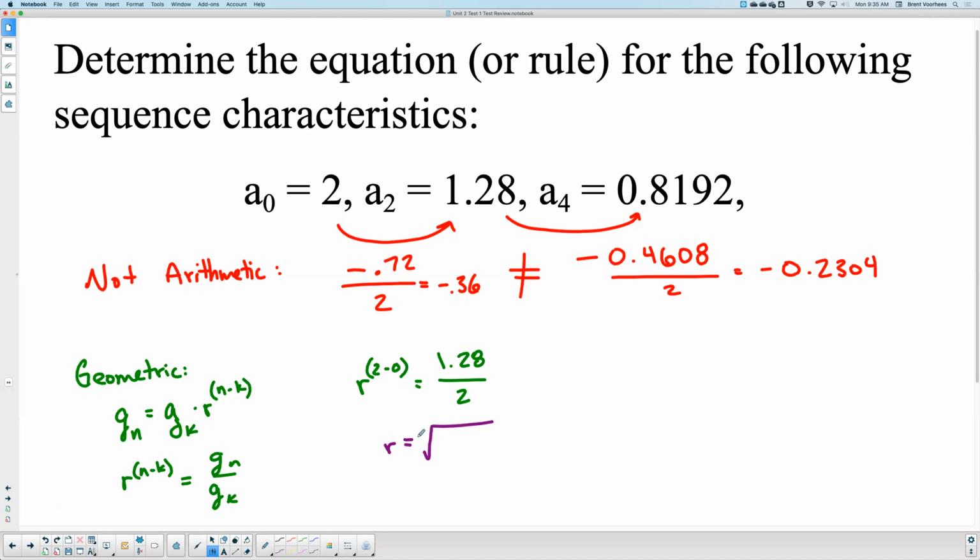Technically, well, no, I'll do my math right. I'll do a plus or minus here. I want you all to type this in the calculator. You don't have to type in the plus or minus. And do the square root of 1.28 divided by 2. 0.8. Do plus or minus 0.8.